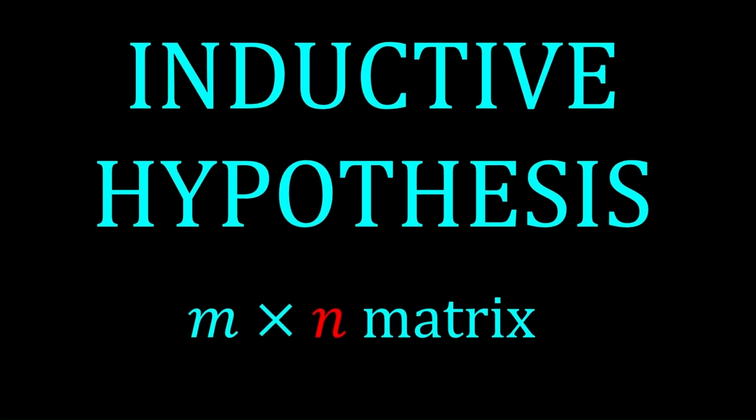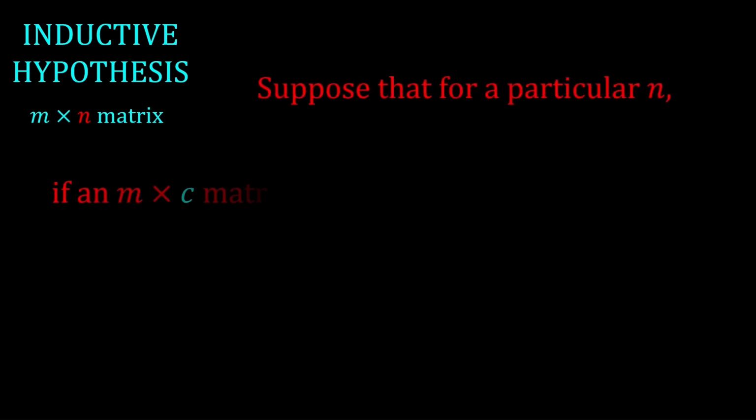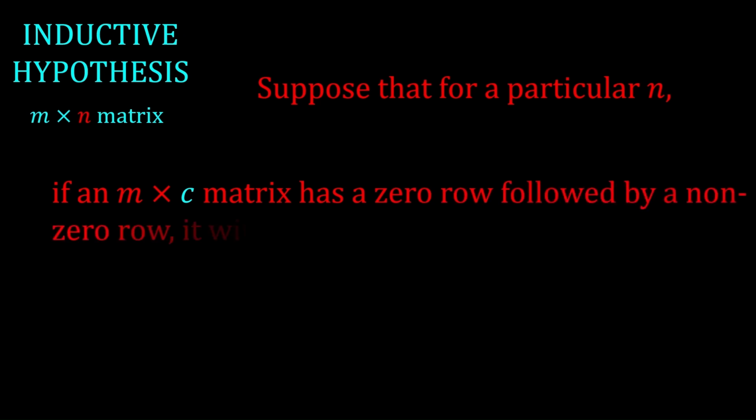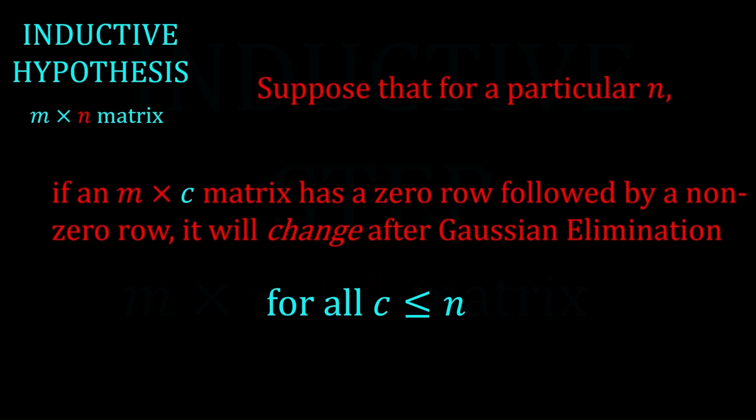Now the inductive hypothesis. I should have mentioned we're actually doing strong induction. So we're going to suppose that for a particular n, this sort of structure where you have a zero row and then a non-zero row will change after Gaussian elimination. And we're assuming this for matrices m by c, for c all the way up to n. This is a pretty strong statement, and this is going to help us.